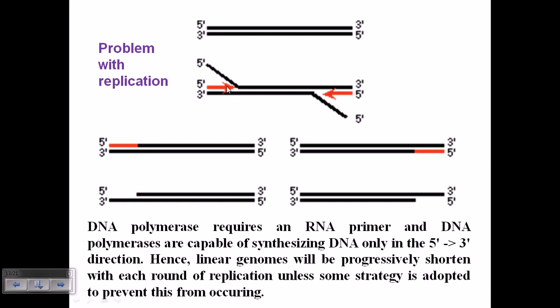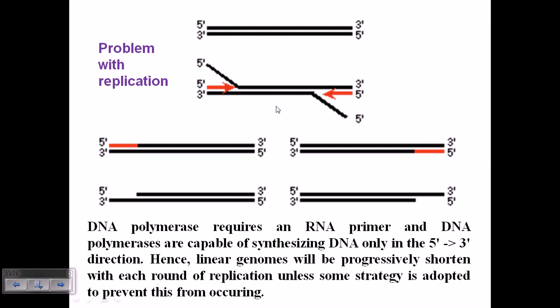So here in this picture we can see the red things are the primers that are being added. After the addition of the primer, the rest of the nucleotides are added by the DNA polymerase, and the polymerization goes on. But the problem is that each time after the synthesis is complete, they need to remove this primer, because the primer is made up of RNA.